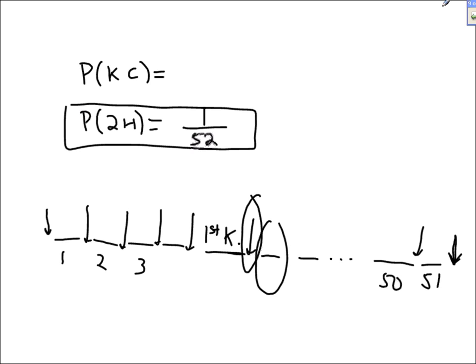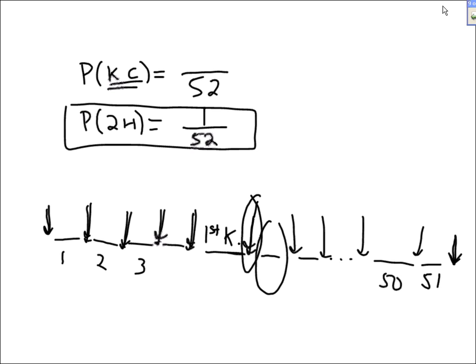Now, if you play the game with the king of clubs, you can give the same argument. There are 52 positions that we can put the king of clubs, and only one of those positions is after the first king.